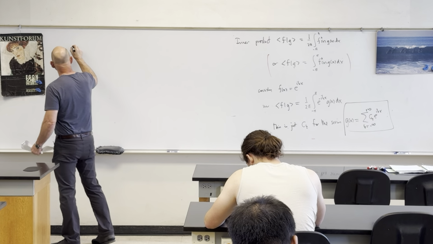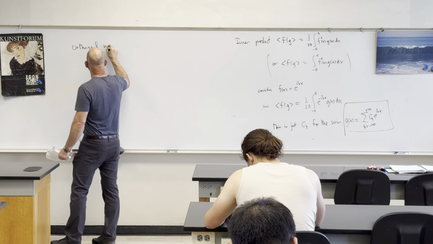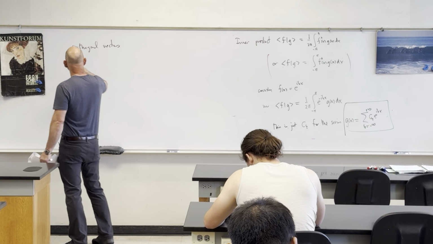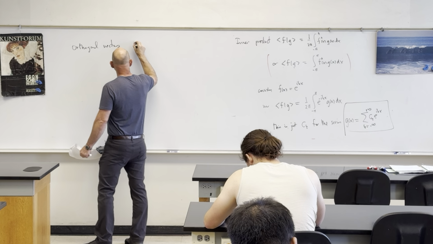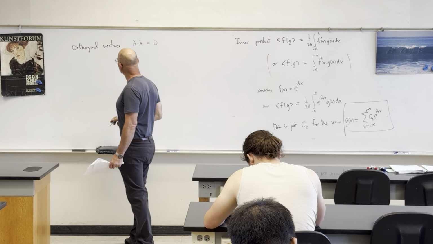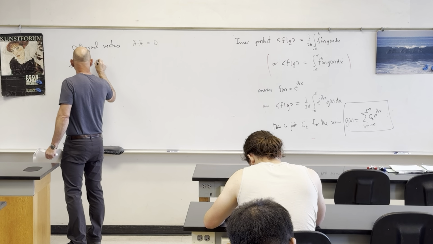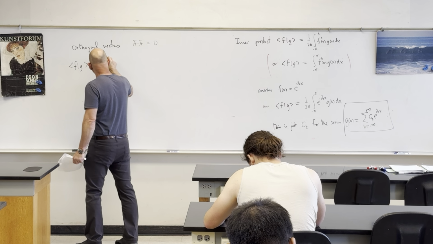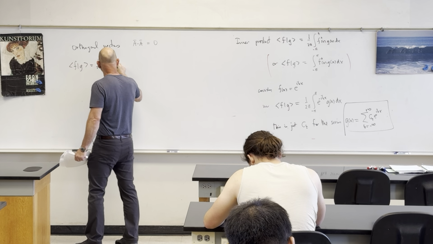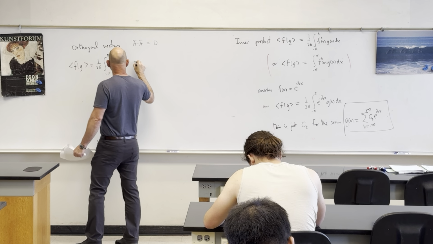So orthogonal vectors: a dot a equals 0. That's how we're used to thinking of it. Here we have f, g, 1 over 2 pi, f star g, so f of x, g of x, dx equals 0.